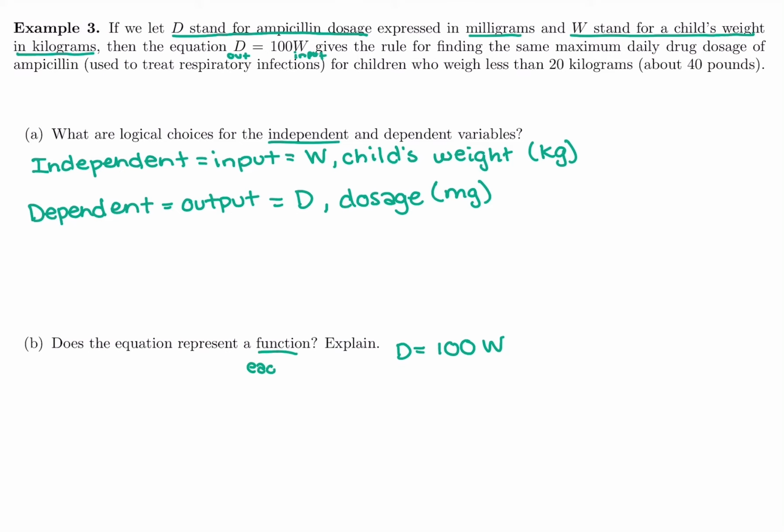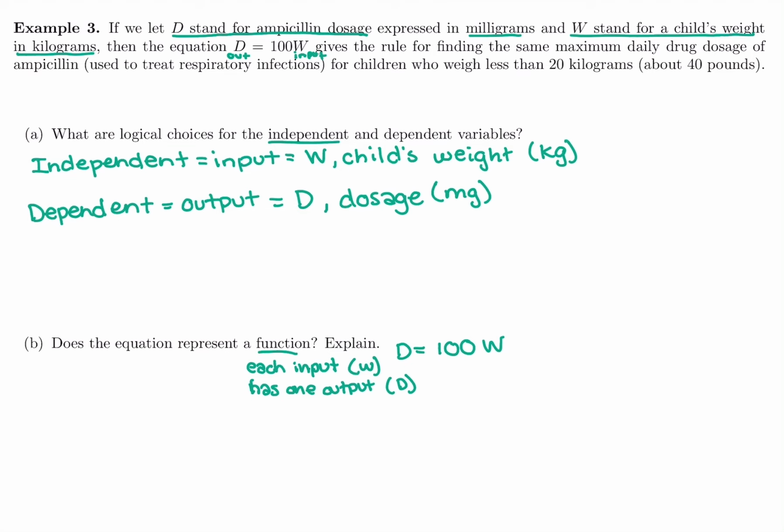A function is where each input, W, has one output, D. Well, realistically, if we think about somebody's weight, are we going to say, well, either we should give them 10 milligrams or 500 milligrams? Who knows? No. Once you know their weight, you should know an exact dosage that they need. Just thinking about real life.